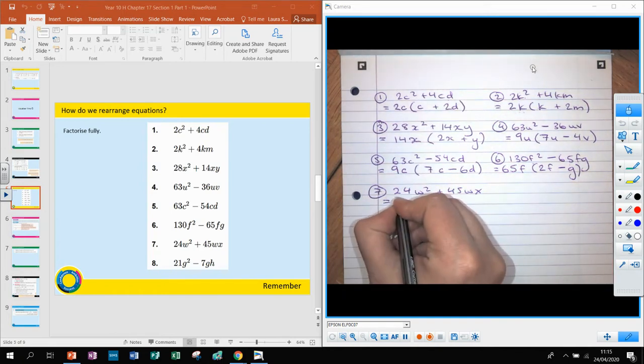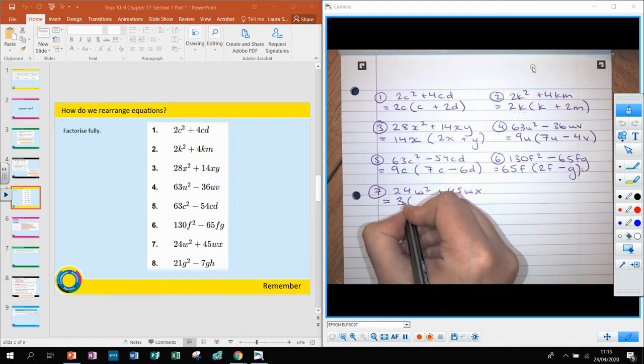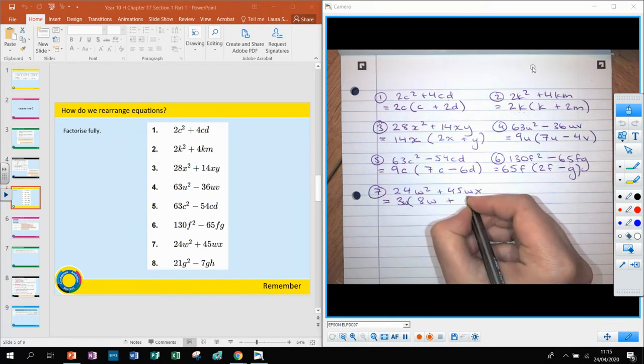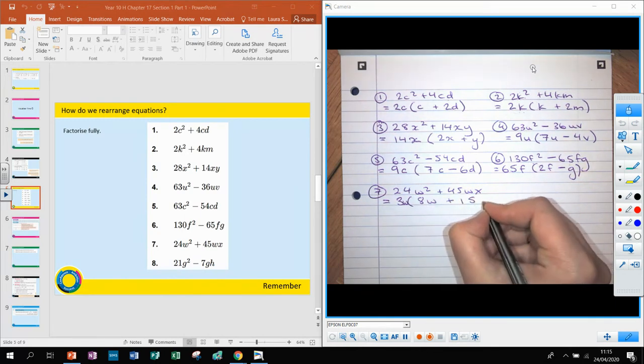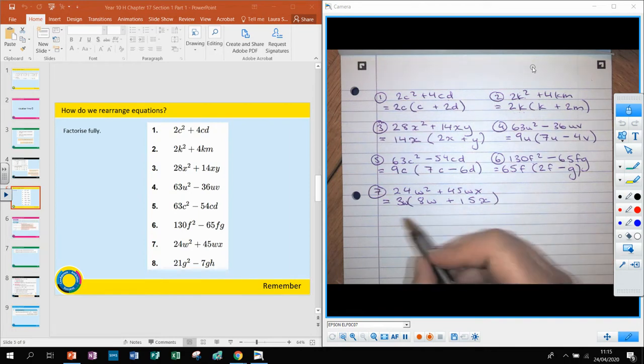Let's try that. So we've got 3, and then don't forget your w as well. 8w plus 15x. Okay, nothing else goes in there because 8 and 15 don't have any common factors other than 1. Okay, so that one's finished. So we take out 3w, we've got 8w, and we've got plus 15x.